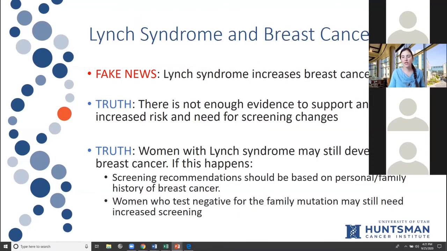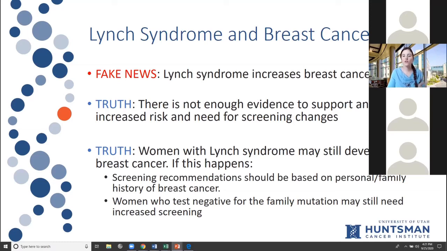Lynch syndrome and breast cancer has been kind of a hot topic in the last few years. While there has been a suggestion that Lynch syndrome increases the risk for breast cancer, this has been disproven by subsequent research studies, which is always hard. You get some research that says one thing and the rest of the research says something else.